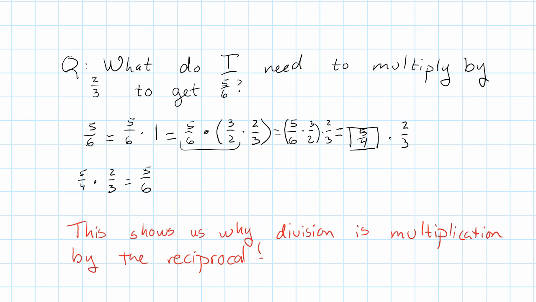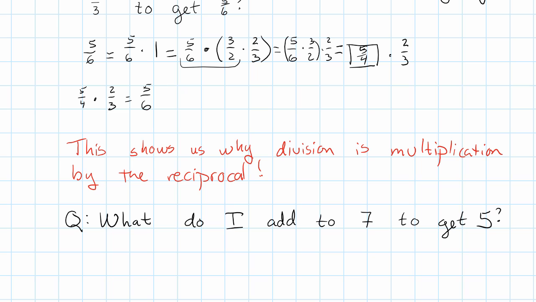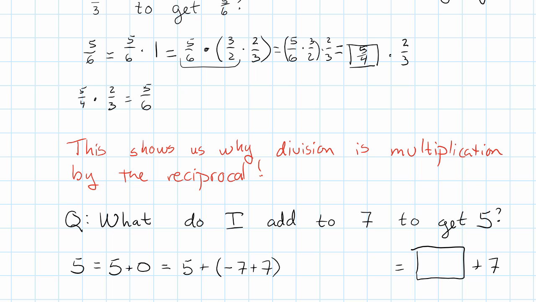The same line of reasoning works for subtraction. I want to know, what do I add to 7 in order to get 5? So I'm going to start out with 5, and my goal is to get something plus 7. I can write 5 as 5 plus 0. And 0 I want to write as something plus 7. 0 is negative 7 plus 7.